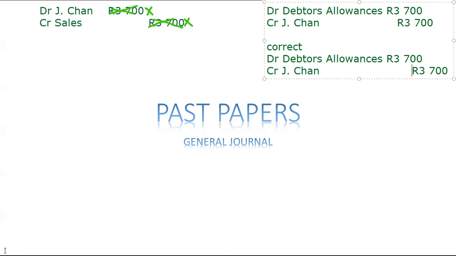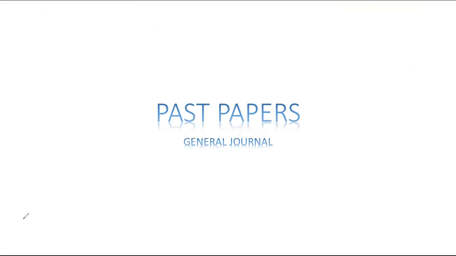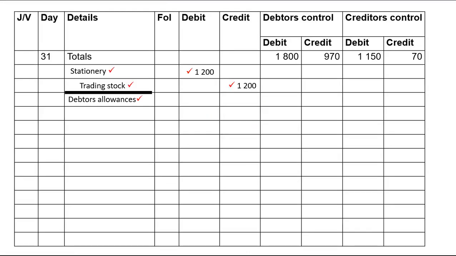And what is 3.7 multiplied by 2? 3.7 multiplied by 2, you will just debit your debtors allowances by that value, which is 7,400. And J Chan will also be credited by 7,400, but because it's a debtor, it'll go to the credit side of your debtors control. All right. That's it. Done.